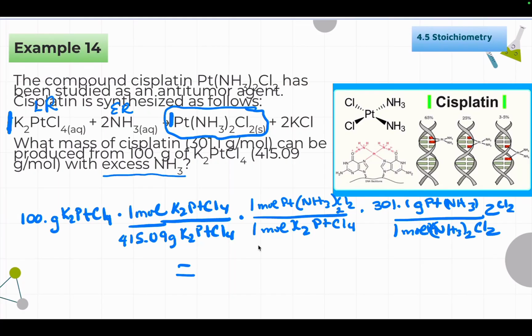You can also always cancel out the units. That's why I like to include the substance. So my grams of the K2PtCl4 get canceled, the moles get canceled, then my moles of the cisplatin get canceled, and I end up with grams. When I calculate this, I get 72.5 grams of the cisplatin.